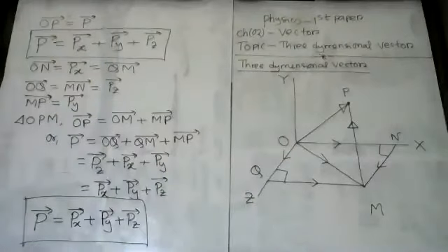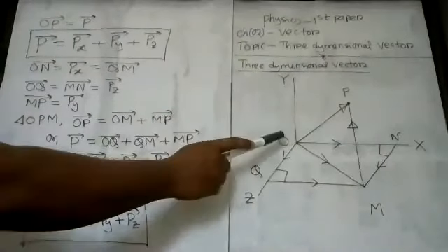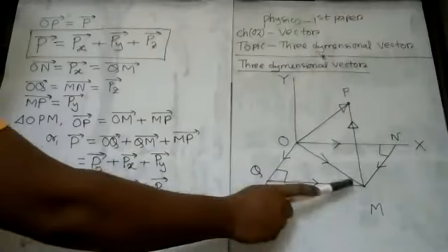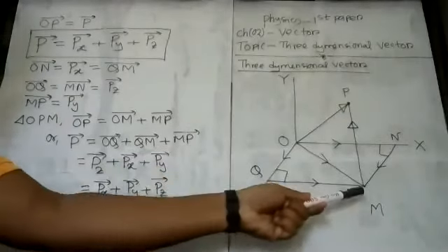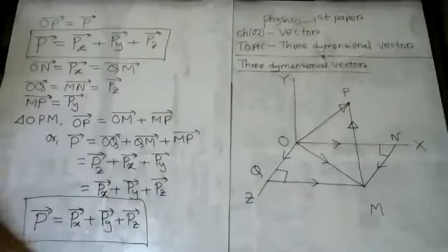Exactly. You see that here OM will equal OQ plus QM. You're just following the law of triangle here.